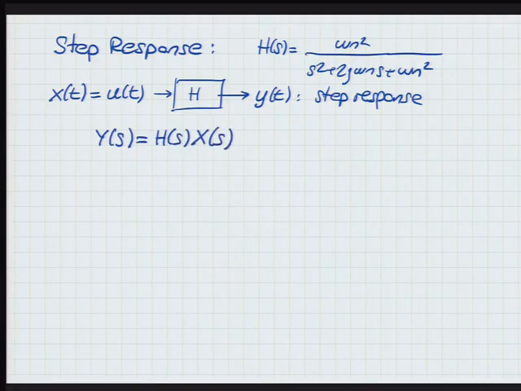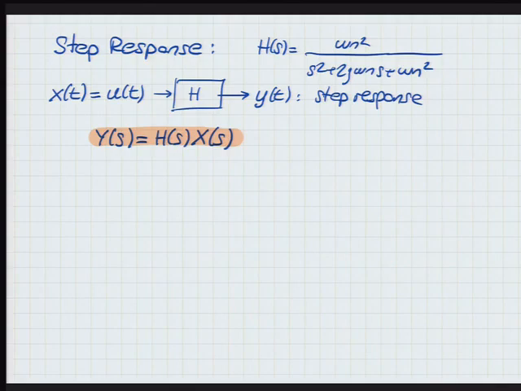This is a very important thing about LTI systems and Laplace transforms, right? Convolution becomes multiplication. So we can use that because I know the Laplace transform of the unit step. I know the transfer function. I can multiply them, and I find Y(s). How do I go back to y(t)? Do an inverse Laplace. Okay?